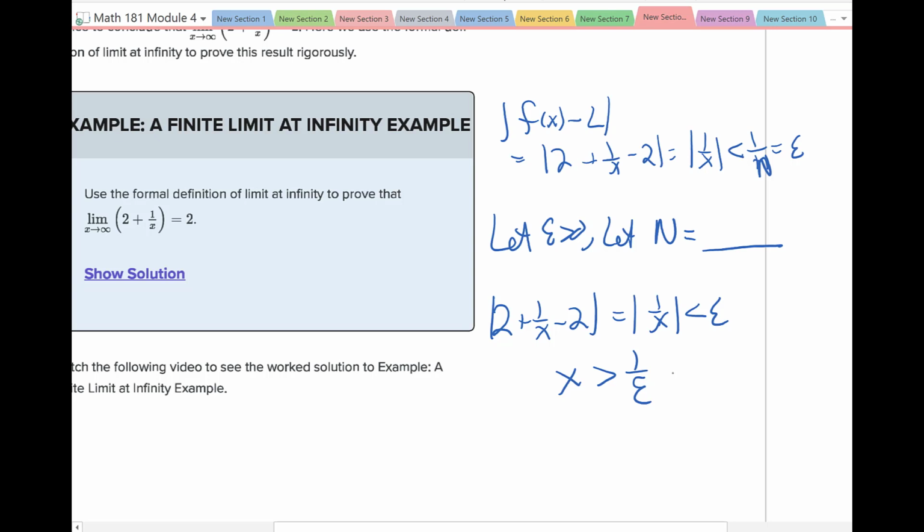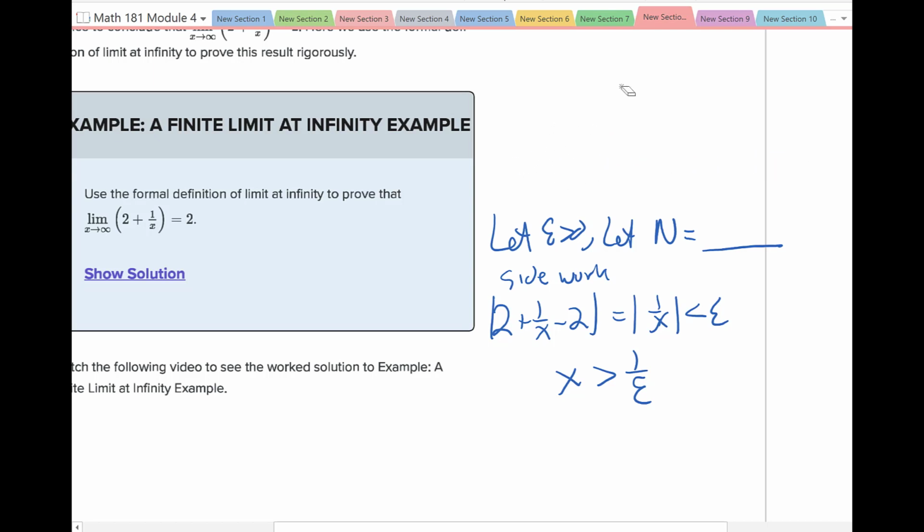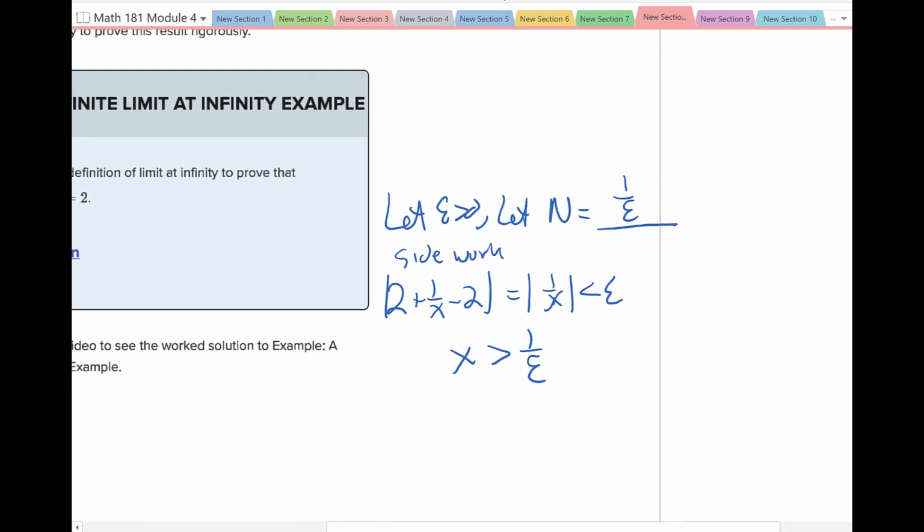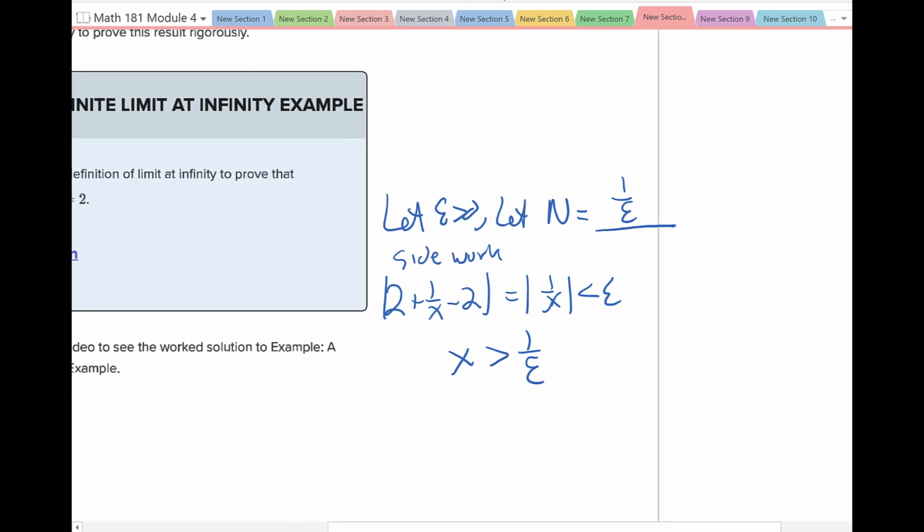Now, this is our side work here. So maybe I'll go back and erase this part right here. If we let n equal that 1 over epsilon, this is what it becomes then.